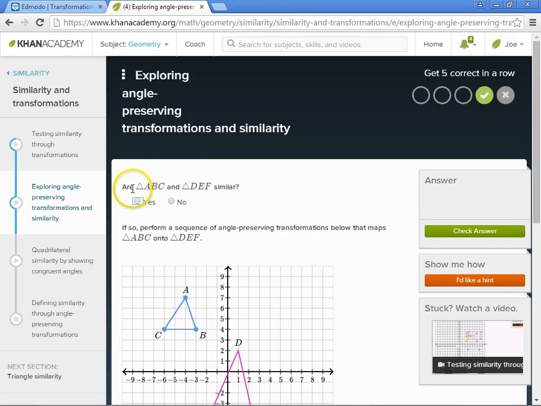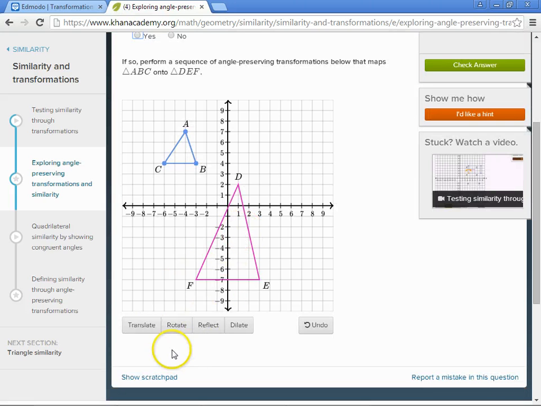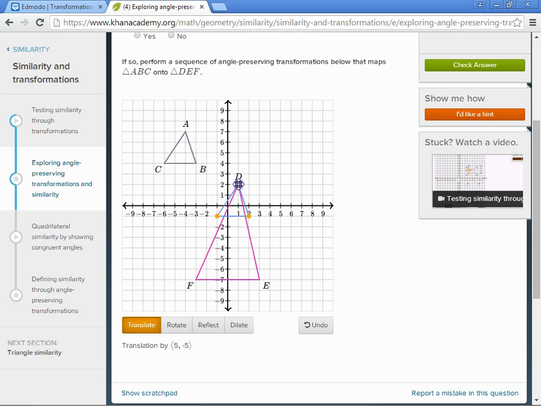They're asking us here if we can show that triangle ABC and triangle DEF are in fact similar. We look at our corresponding angles here. A corresponds to D, B to E, and C to F. So I will start by trying to line up A and D immediately. And I was able to do that.